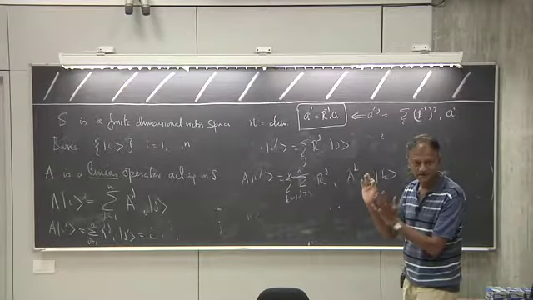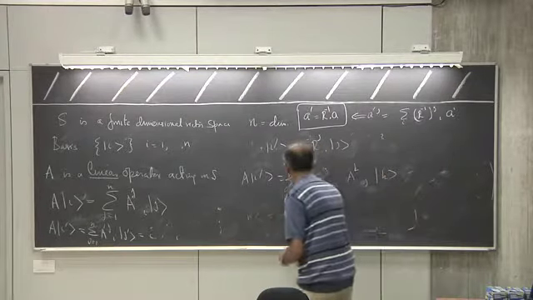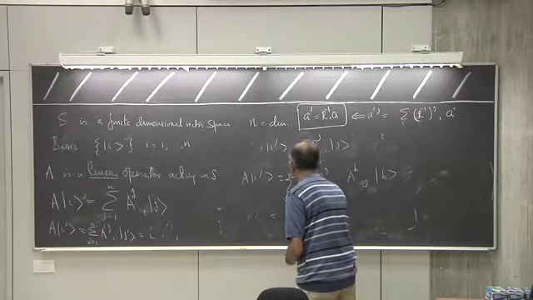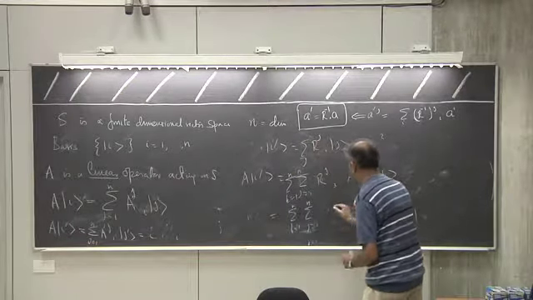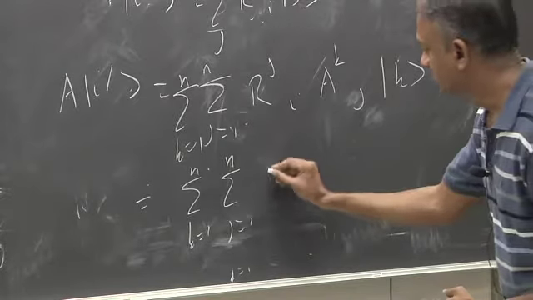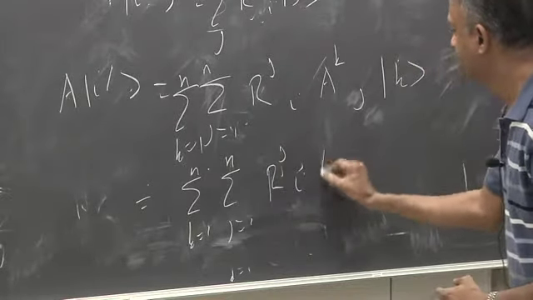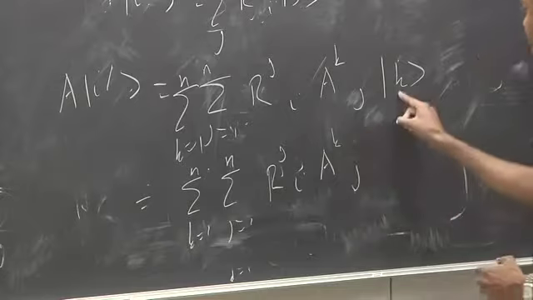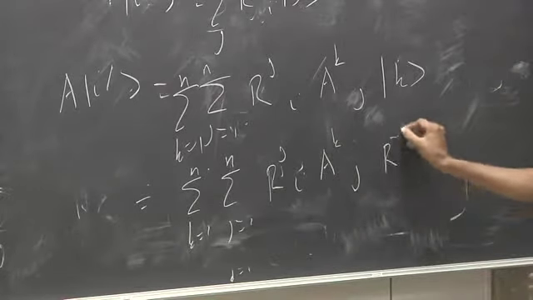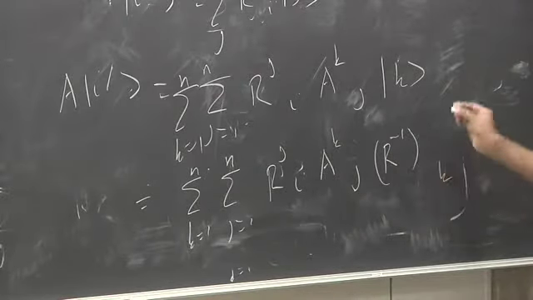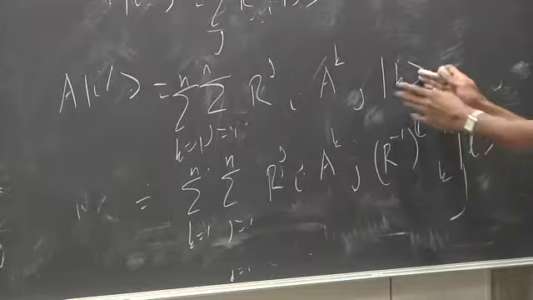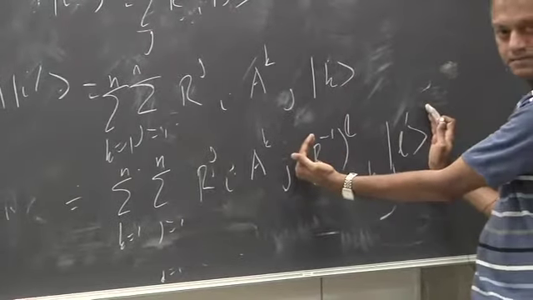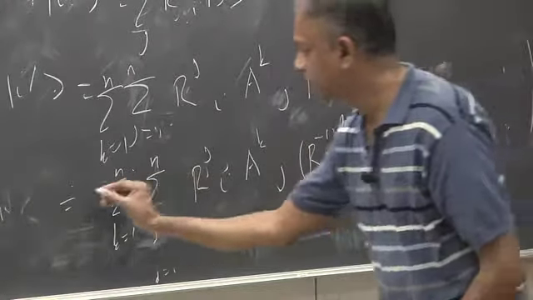So this is the same as sum k equal to 1 to n, j equal to 1 to n, and then you have R_ji A_kj, and then I just express this vector e_k in terms of the old basis. So this will be R inverse_kl e_l prime. So now I have a summation over l also.